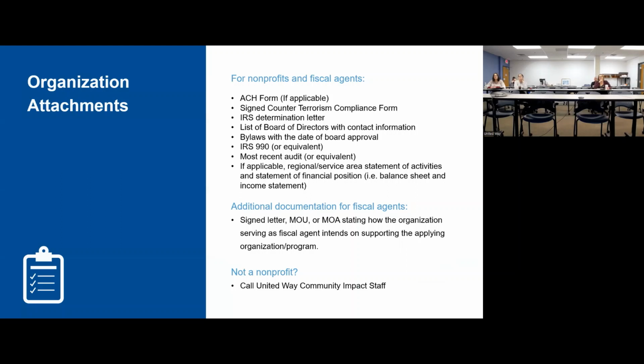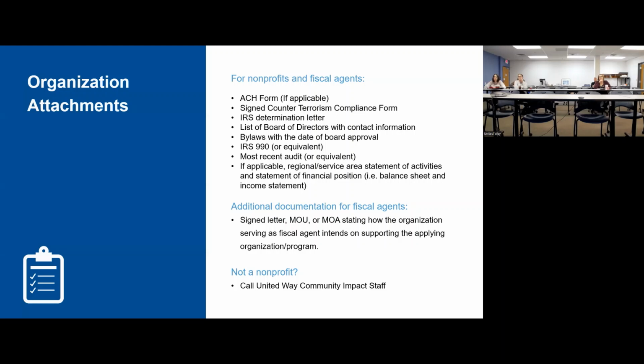Then the signed counterterrorism compliance form, it's really just a slip of paper that you sign, saying we are not violating the Patriot Act. It's pretty straightforward. Also, if you're a nonprofit, we'll need a copy of your IRS determination letter. We'll need a list of your board of directors along with their contact information. We have a formatted Excel sheet on our resource center, so it's pretty easy to just fill in the blanks there.